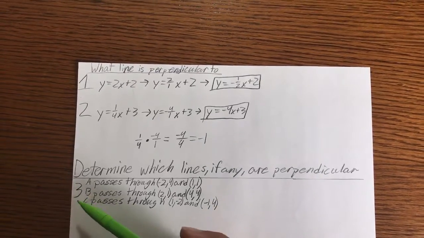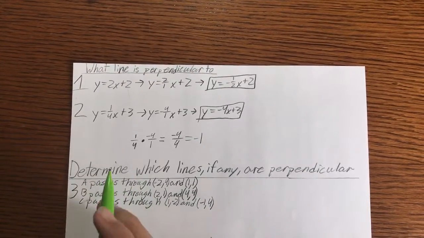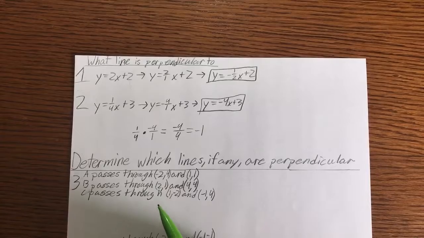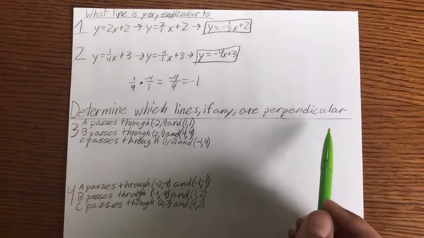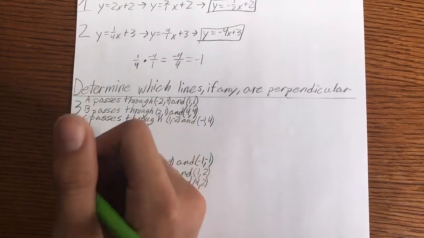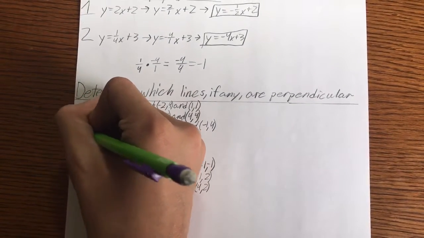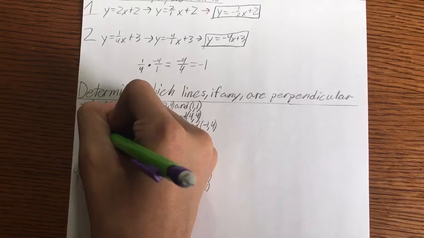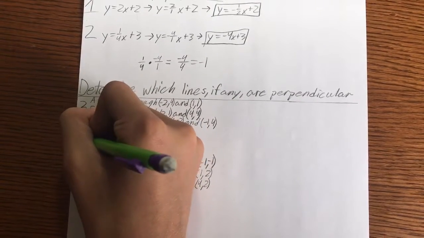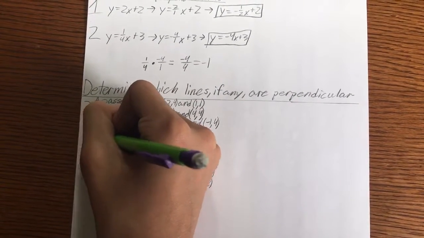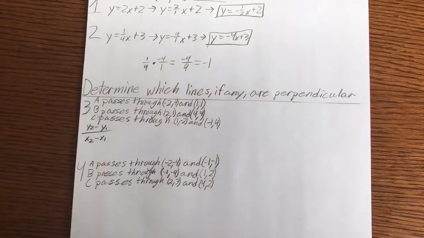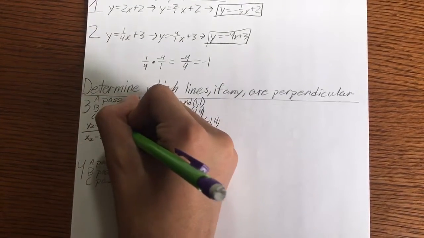Now I'll go over number 3 with you. Number 3 says, determine which lines, if any, are perpendicular. So we will be using y sub 2 minus y sub 1 over x sub 2 minus x sub 1 in order to find the slope.